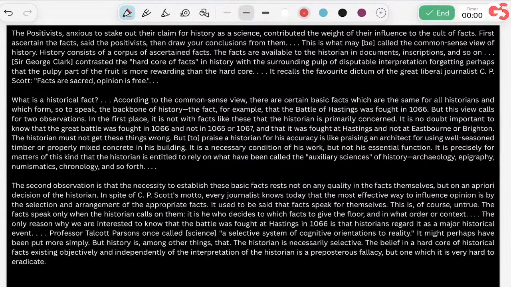The positivists, anxious to stake out the claim for history as a science, contributed the weight of their influence to the cult of facts. You know what? Who are positivists? People who think that a knowledge can only be true if it is derived from scientific observations. They are positivists. How many of you are positivists? Just wait for a while.